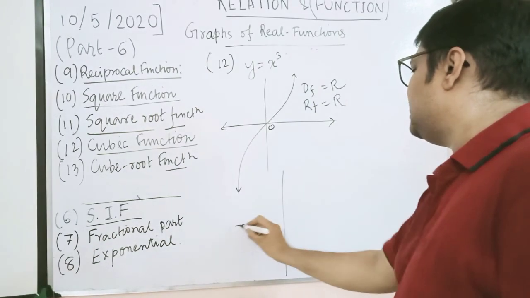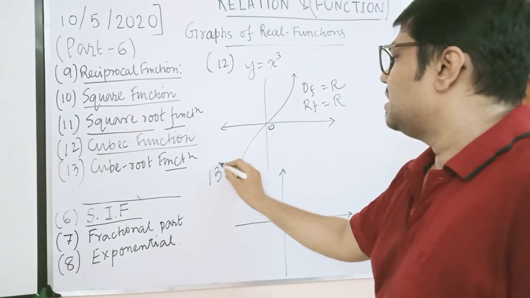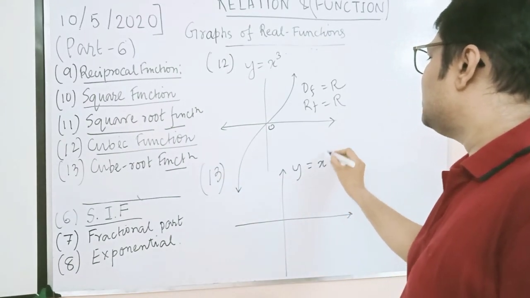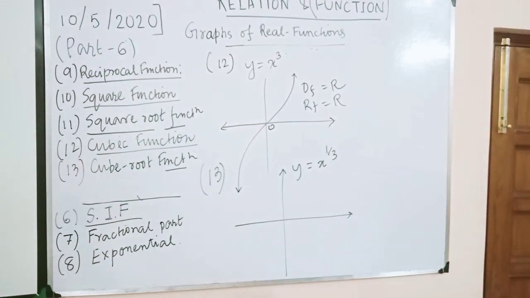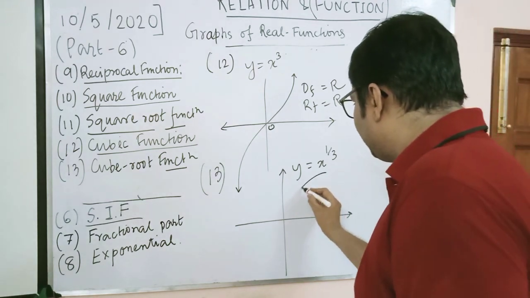Next is the cube root function. The cube root function will be y equals x to the power 1/3. That is the cube root function. The graph is an S kind of graph.